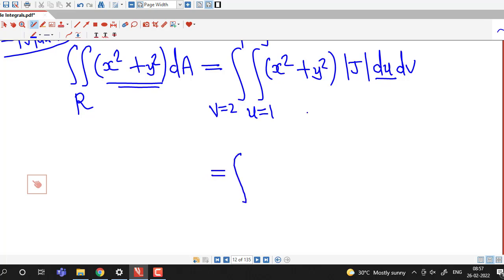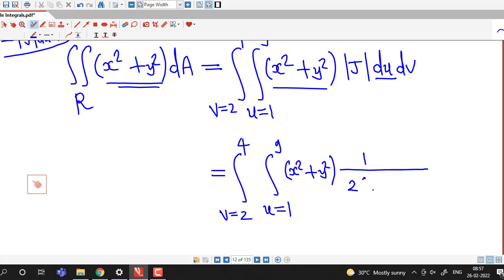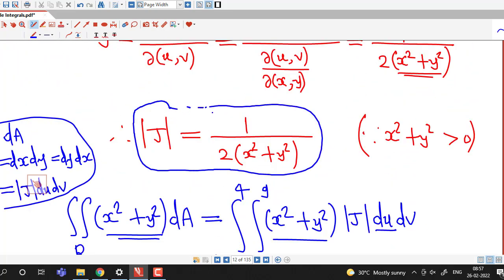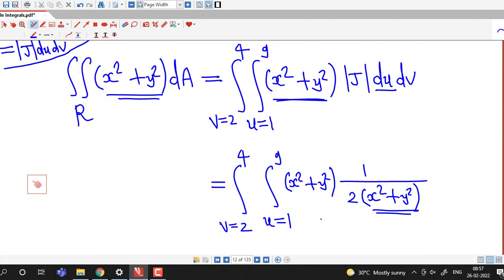So here we have not converted this x square plus y square in terms of u and v for a certain reason. You can see here the absolute value of the Jacobian is 1 divided by 2 times (x square plus y square). Because I am getting x square plus y square in the Jacobian also, I am not converting it in terms of u and v, because that is going to cancel out, and here we have the integral with respect to u and v.